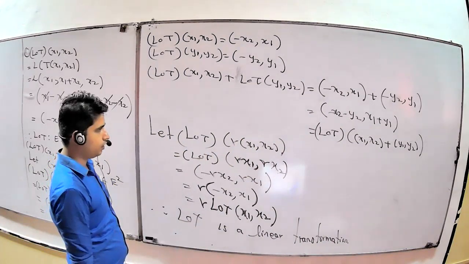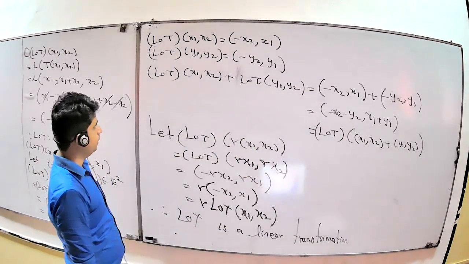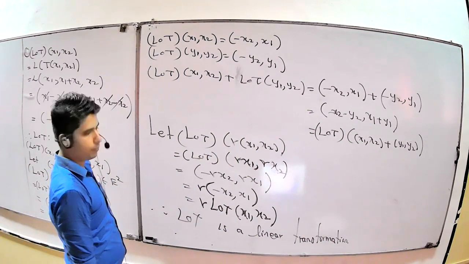Now you want to find the representation matrix for L, similarly for T. Then you want to find the representation matrix for the composition mapping.